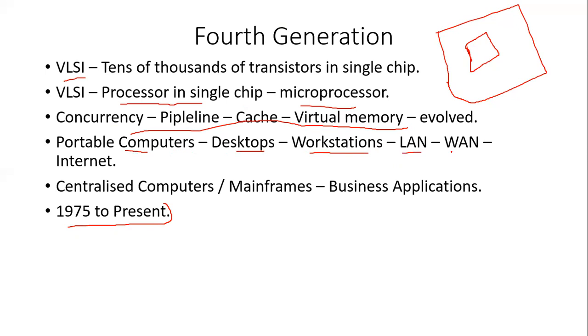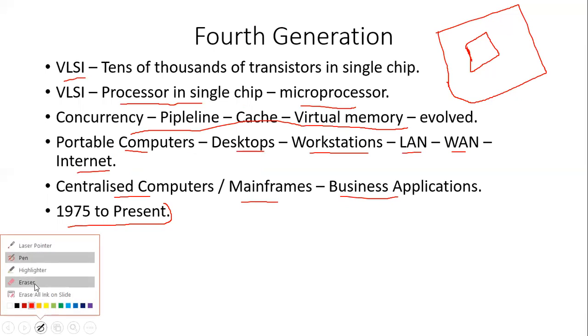There were LAN, WAN, local area network, wide area network, and the availability of the World Wide Web and Internet starting from the mid 1990s. Before the fourth generation, computers used to be very big. Centralized computers or big mainframes were used only for business applications by huge organizations.